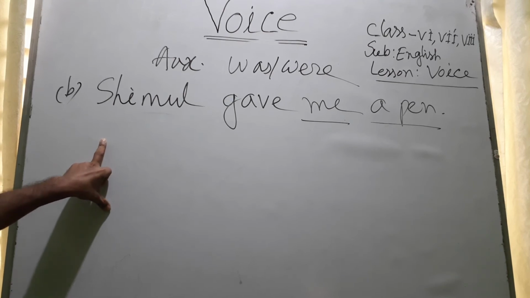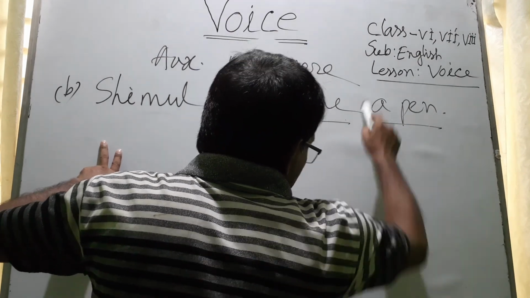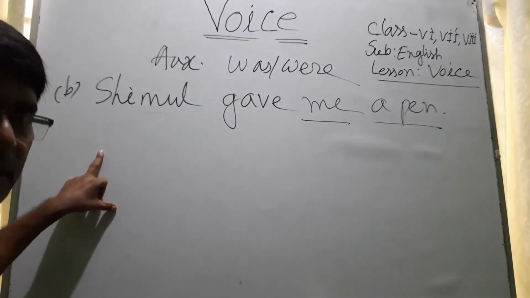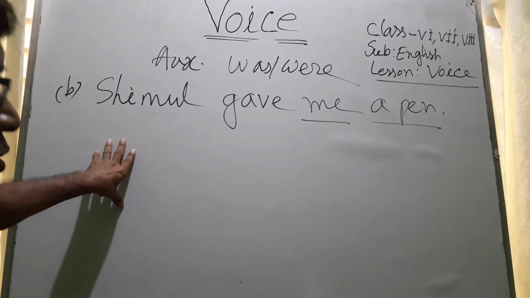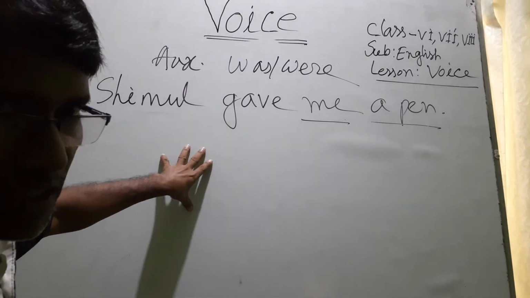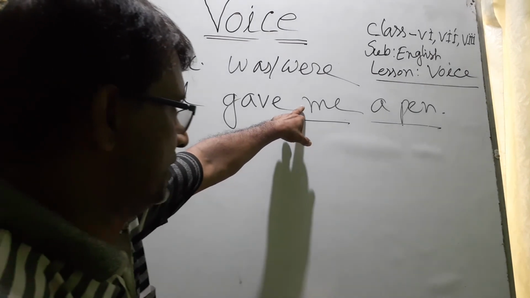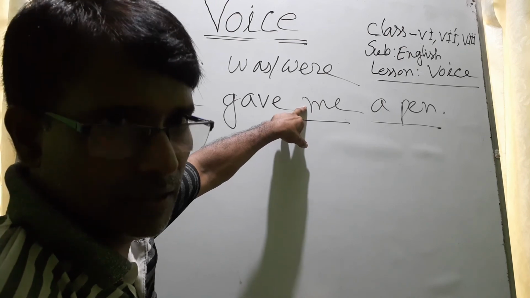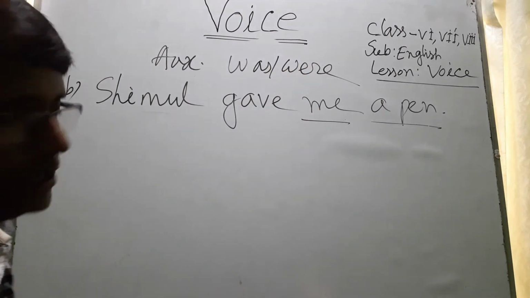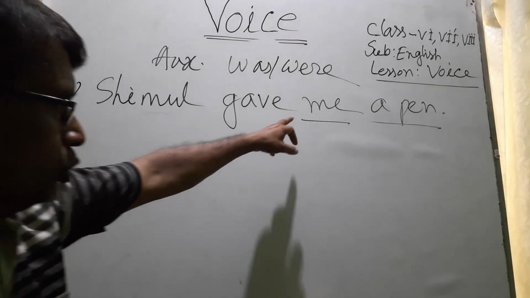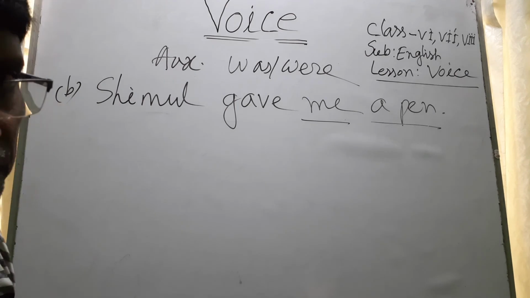Or if you write the thing, object, a pen as a subject, then you should write preposition to before writing the person, object, me. Before me, you should write to, and me should be written after, of course, the main verb.